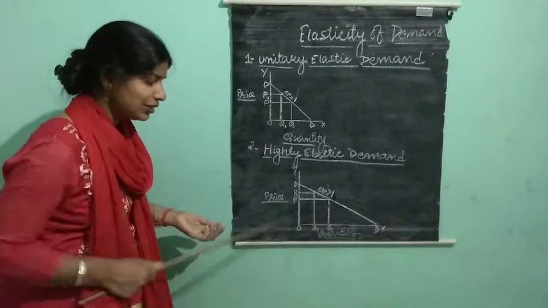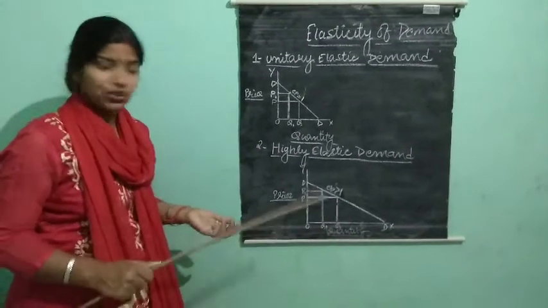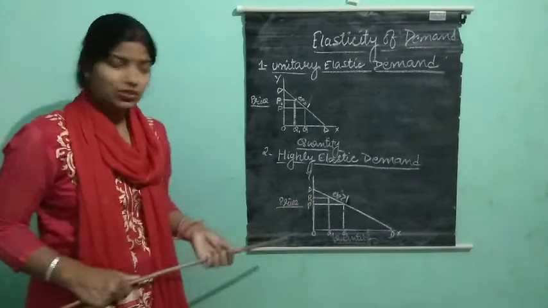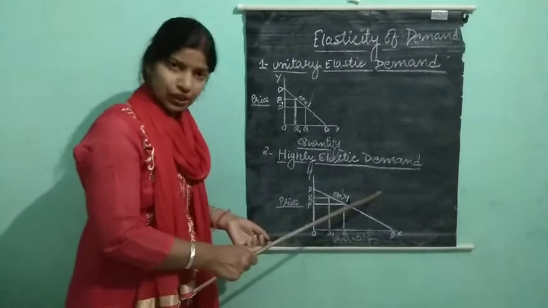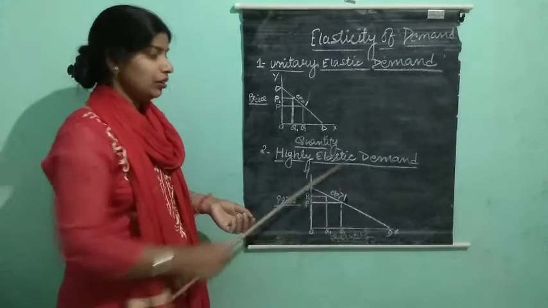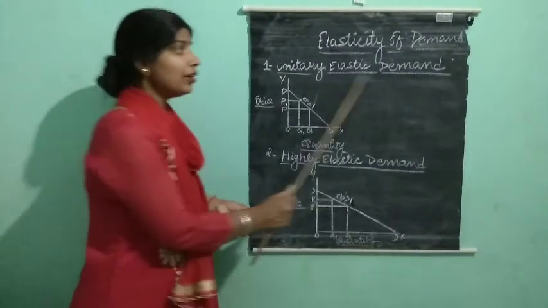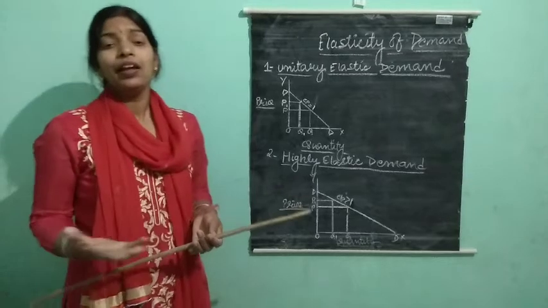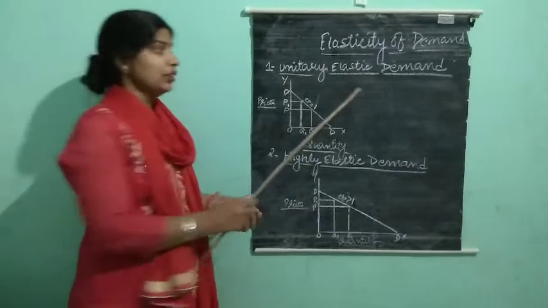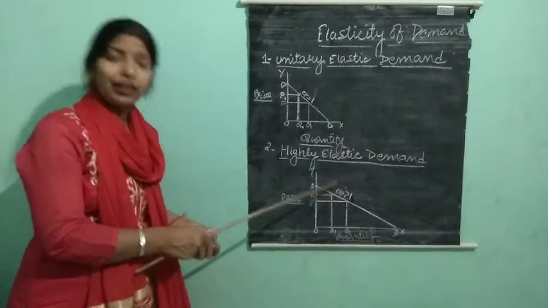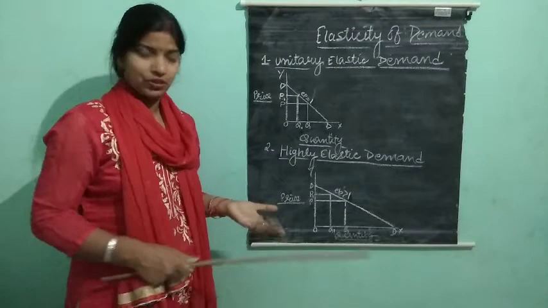And you can see here, this is the change. Change in quantity demand exceeds change in its price. This is called highly elastic demand. In luxury goods, we can observe this. And unitary elastic demand, we can see in comfortable types of goods, and highly elastic in luxurious types of goods.